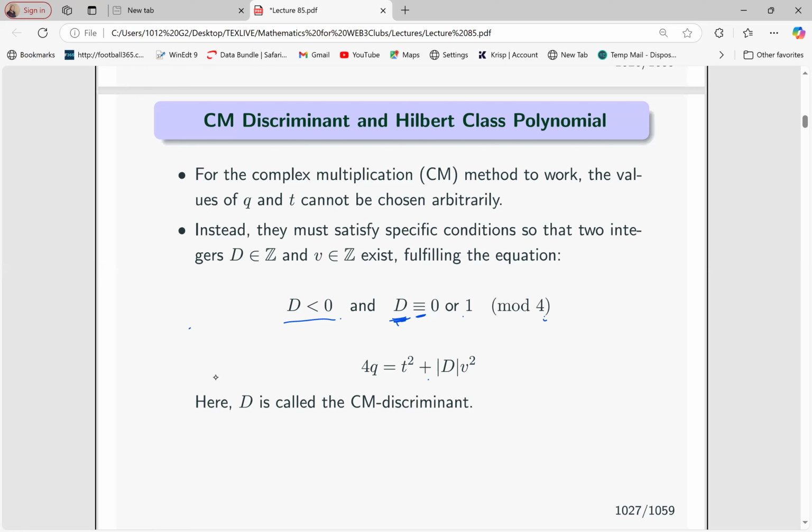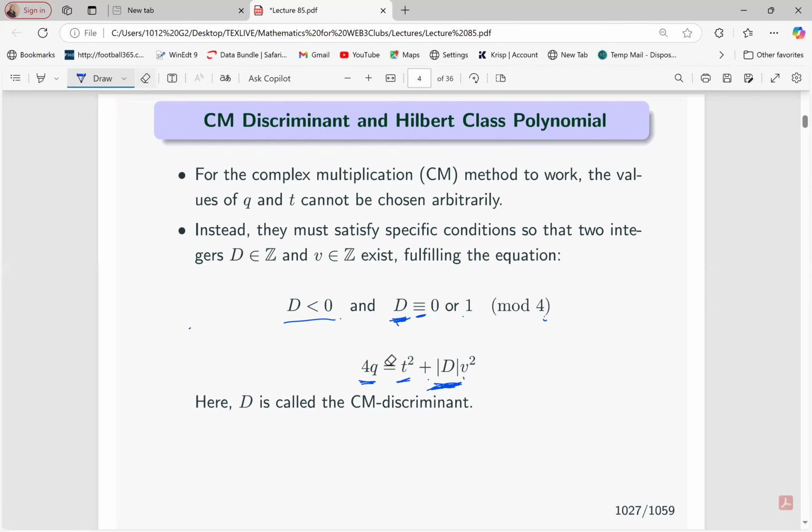And the other thing we need to take into consideration to get D is that the Q we chose, multiplied by 4, should be equal to T square plus the magnitude of D, the modulus of D, times V square.